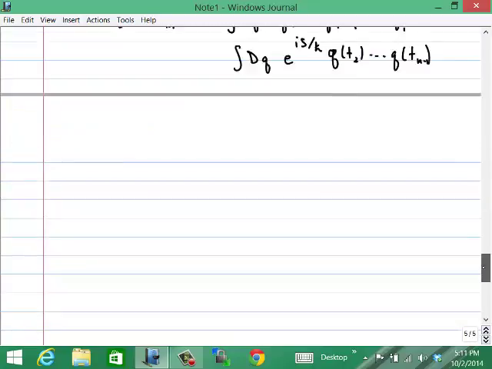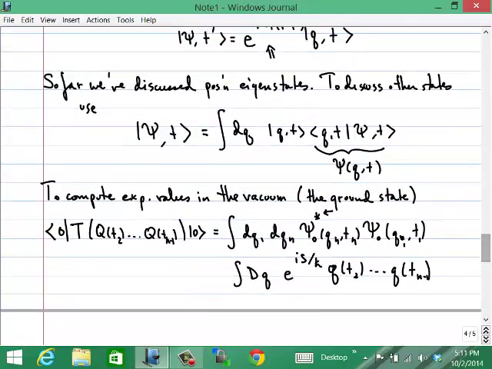So all I'm doing here is using the fact that I can rewrite my vacuum state. This is the ground state wave function. And then I'm rewriting the vacuum expectation value on the left-hand side as a sum of ground state wave functions times the transition amplitude, or this expectation value, in the position space eigenbasis that we were using above.